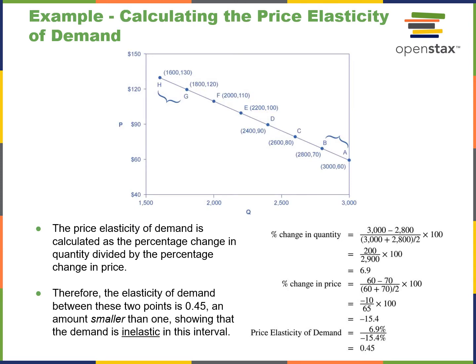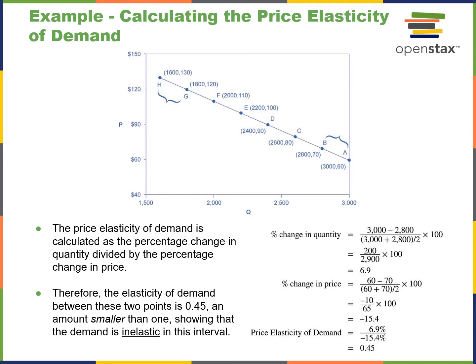In this example, the first step is to take the percentage change in quantity, and you have 6.9 after you work it through the formula. They do the same thing for the price, which is a negative 15.4. With that, they take the absolute value of 6.9% divided by 15.4, and that's 0.45.